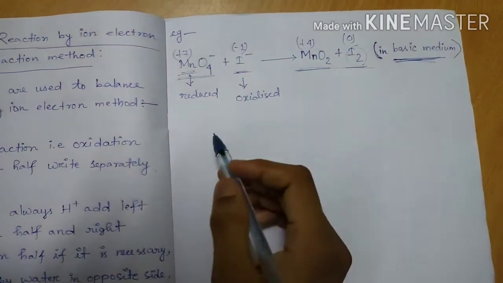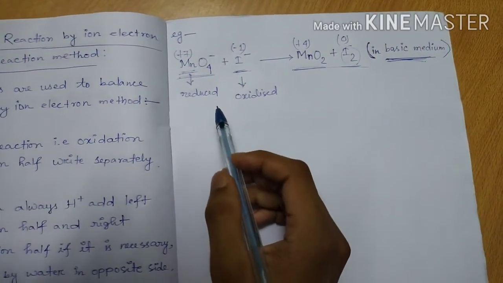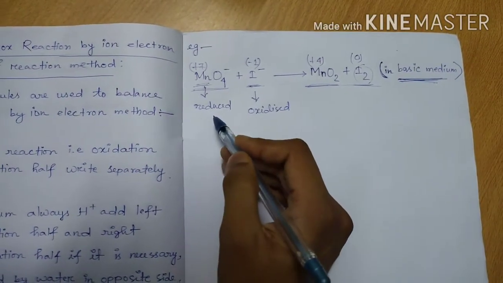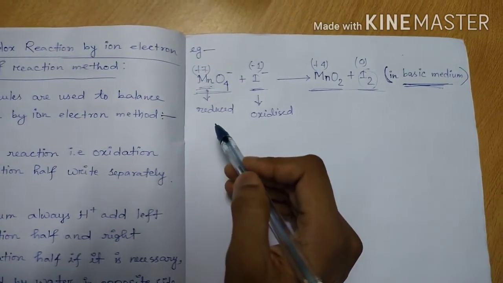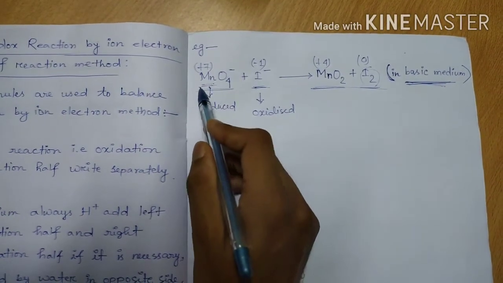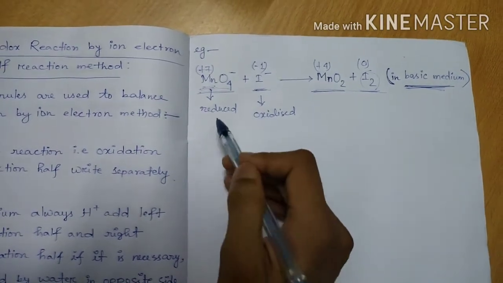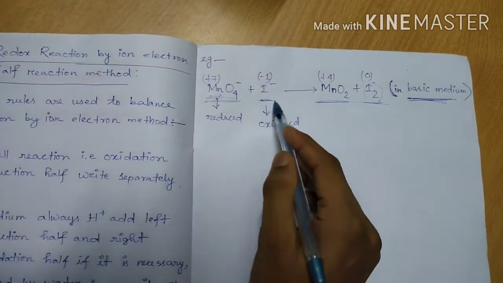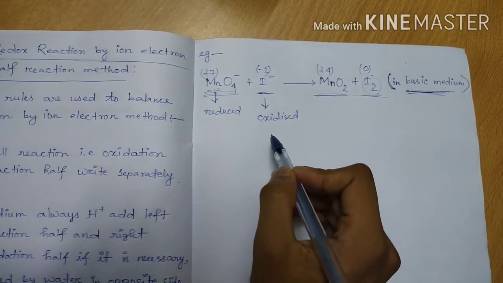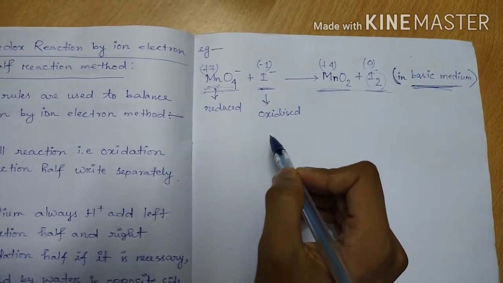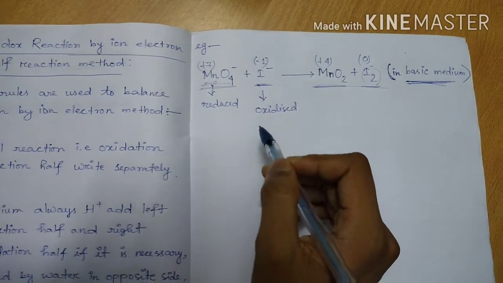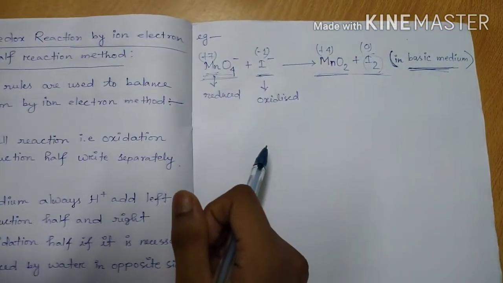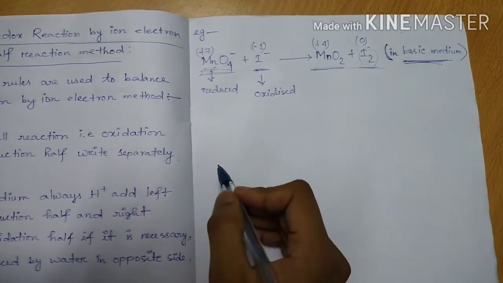So MnO4 negative is the reduction half because it gets reduced, and this I negative is the oxidation half because it gets oxidized. We have to write these two separately, according to rule number 1.